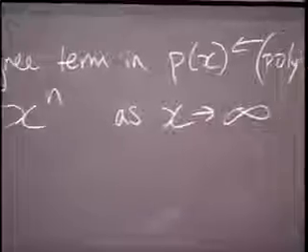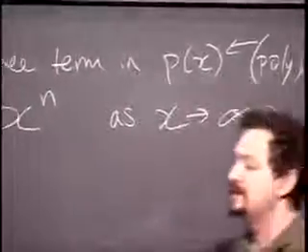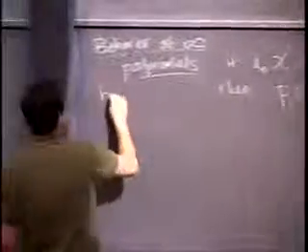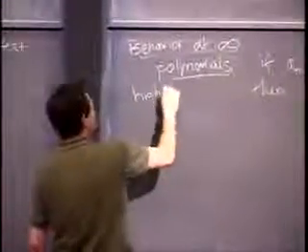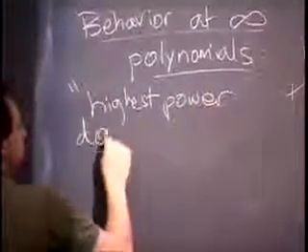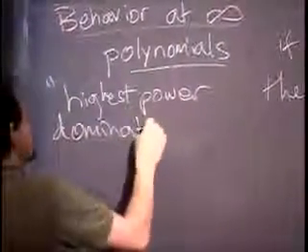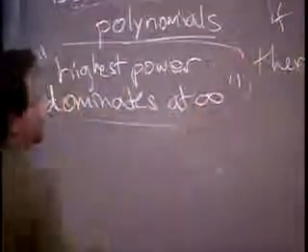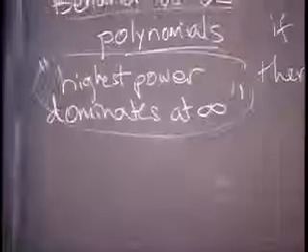We've seen this time and time again. The largest term dominates. So highest power dominates at infinity in a polynomial.